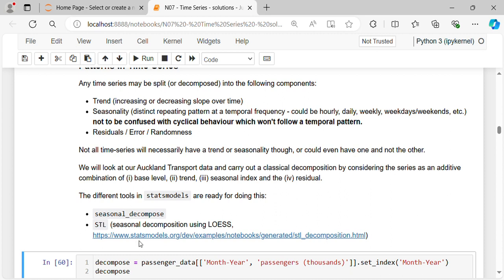To get more information on LOESS, we can click on the link, ending in dev/decomposition.html.